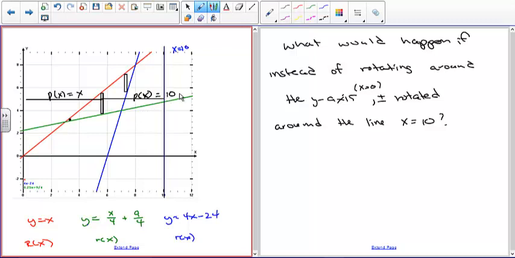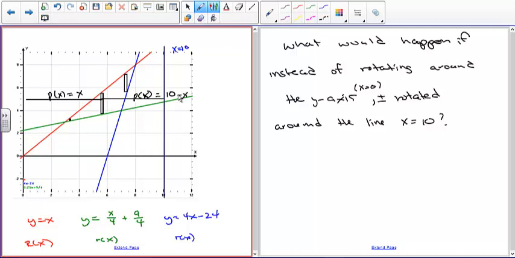So when you rotate around an axis other than the y-axis using the shell method, all you have to do is take the x value that you rotate around, which in this case is 10, and subtract x. So if I rotated around a vertical line x equals 12, p of x would be 12 minus x.